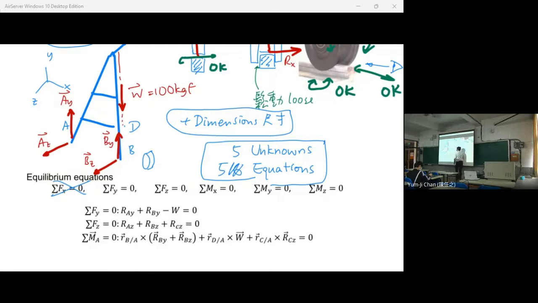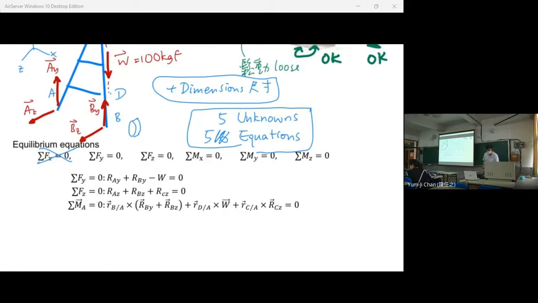Afterwards, you have 5 equations: summation Fy equal to 0, summation Fz equal to 0, and then you take a point A, and then we have MA equals to 0. Okay, and then from here you can get the results, and this is on page 210 of the book.